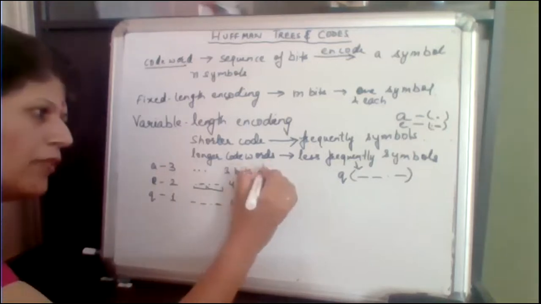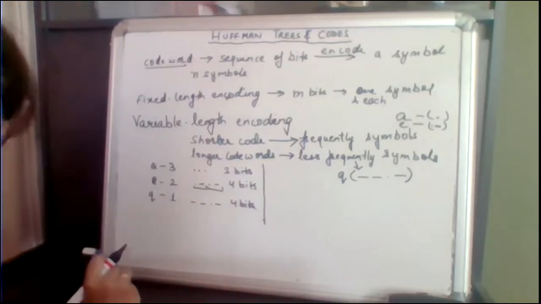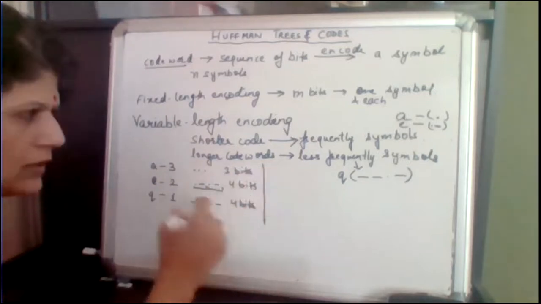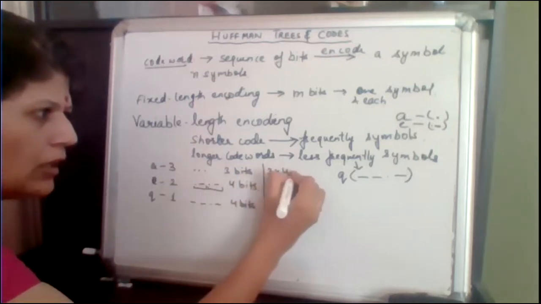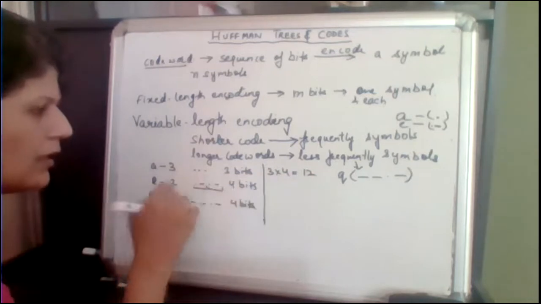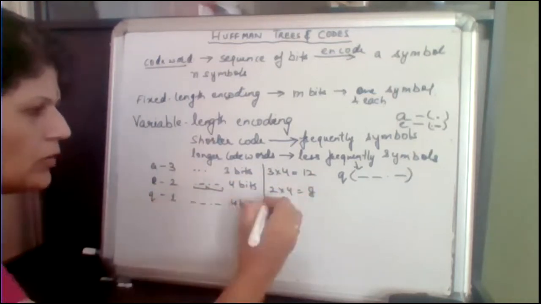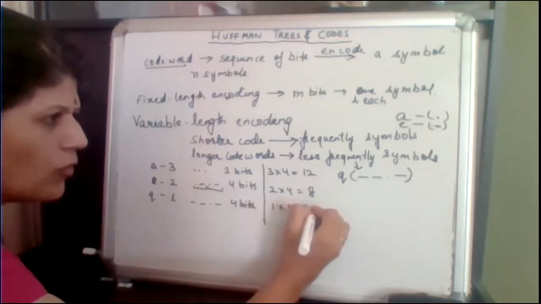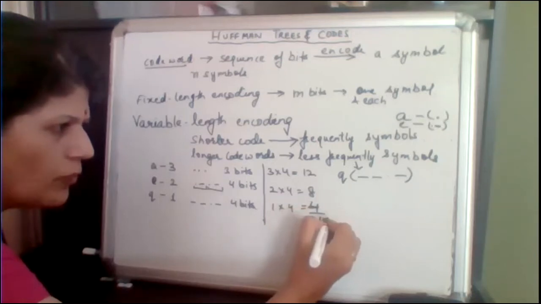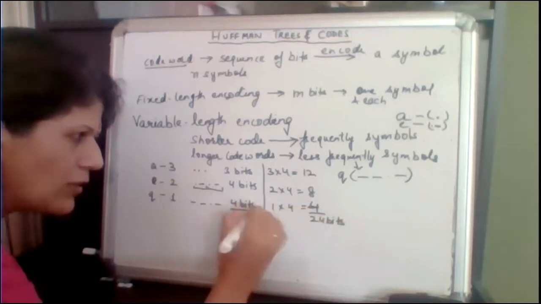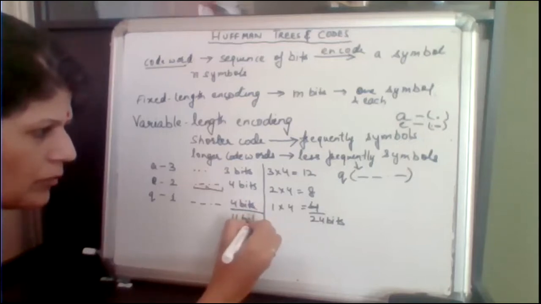Whereas if we would have used m number of bits, and the maximum, let's say, is 4, we are using 4 bits. To represent A 3 times, it will use 12 bits. E, that is 2 times, will use 8 bits, and Q is 1 time, so it takes 4. So the total would be 24 bits. Whereas when we are using the variable length, in this case we have only 11 bits.